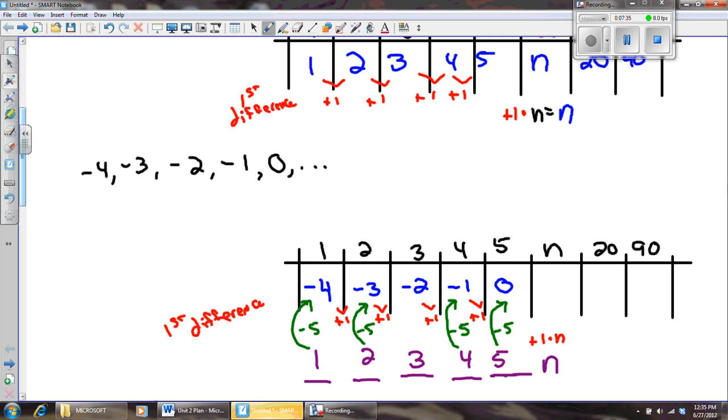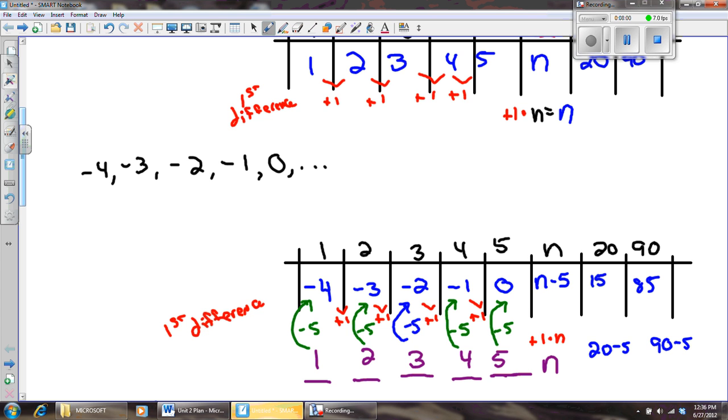That means my nth term is going to be this n, but then I have to take 5 away from it. See that? Minus 5 every single time. So to get the 20th term, I'm going to do 20 minus 5, which is 15. To get the 90th term, I'll do 90 minus 5, which is 85.